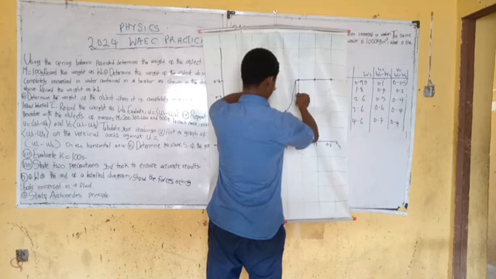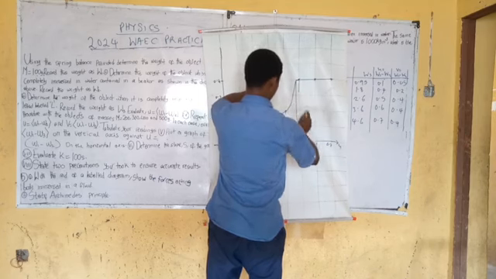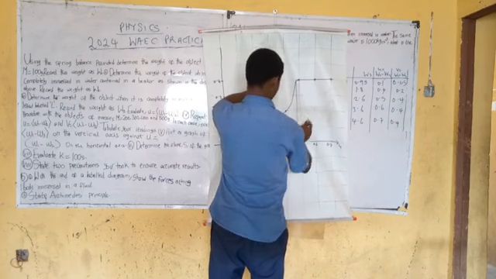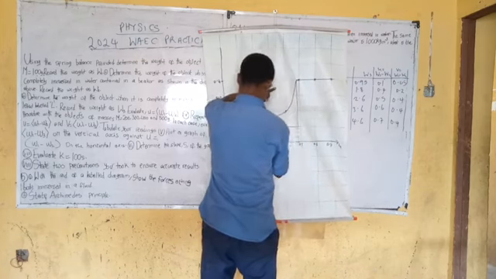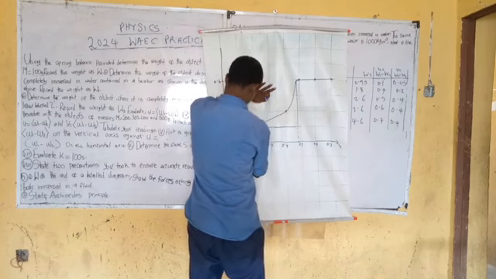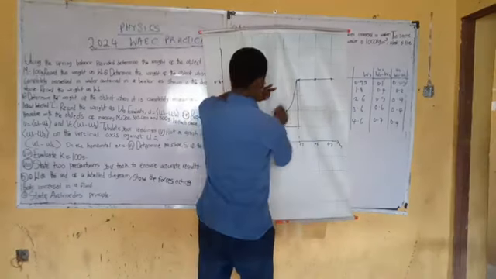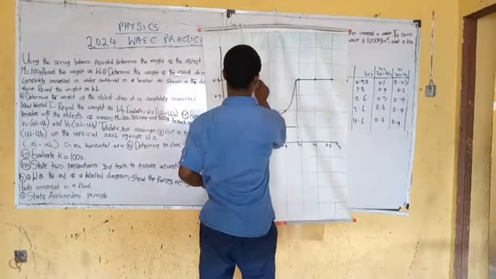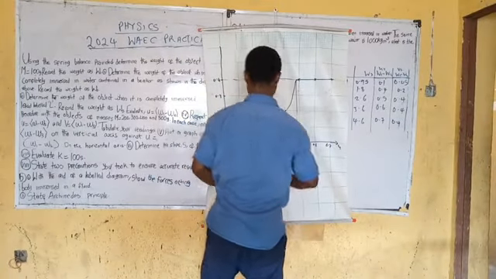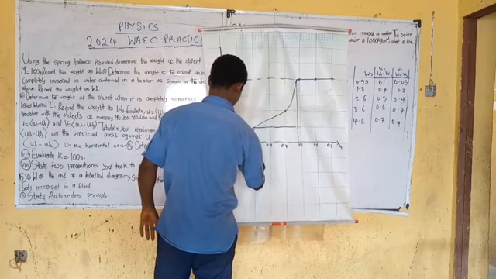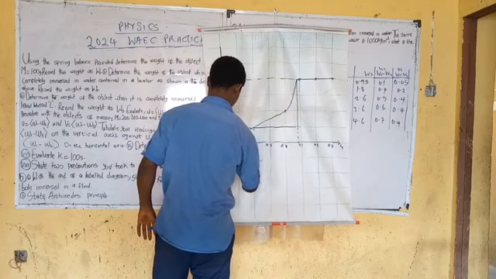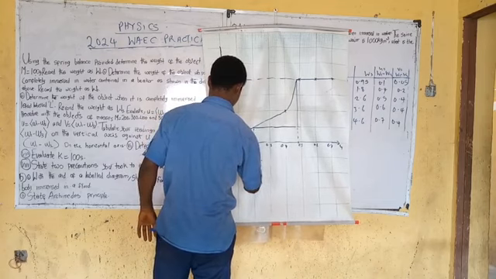So you can get the slope of the graph. We read this one down, and we also read like this. So from here, we know that our slope is equal to y2 minus y1 all over x2 minus x1.